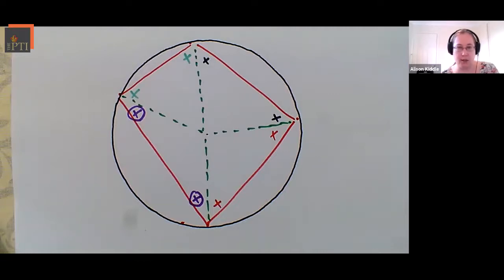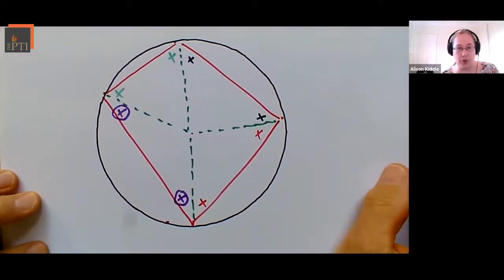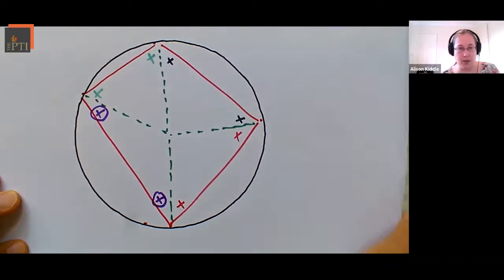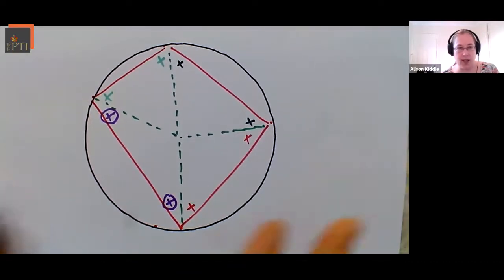And so we've split the circle, the cyclic quadrilateral, into 4 triangles, so you end up with 8 angles, but they're 4 pairs of angles. And I think understanding that is really key to understanding this proof.